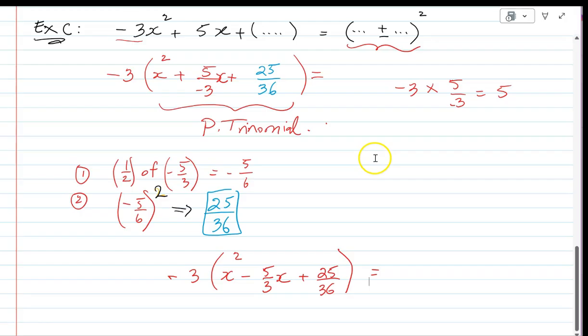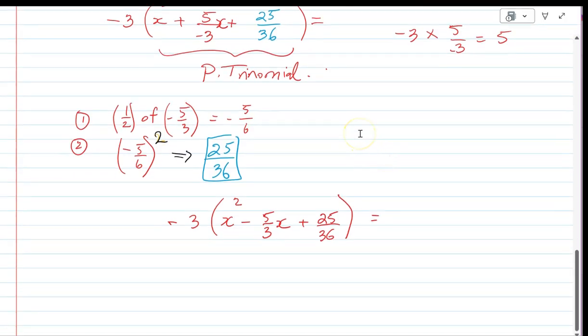Okay, now that we have this, let's rewrite it. You're going to leave the -3 out, and now you are going to the factored form, but remember it's the easy one now. You just take the square root of the first term, so x squared, you put it in each of the brackets. If you want to know if the middle term of each of these brackets is positive or negative, you look at this sign right here, and you notice that that's negative. That means this sign right here has to be negative, and that has to be negative because it's a binomial squared.